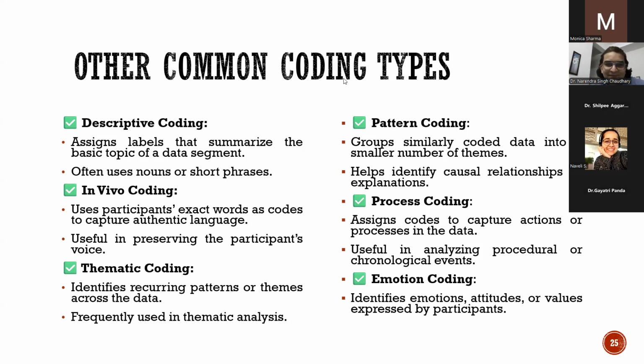Right, sir, I have a doubt. When we do in vivo coding, what sort of research are we dealing with, considering it captures the authentic linguistic part of the transcript? So what happens when you are going through particular data is that we prepare memos.